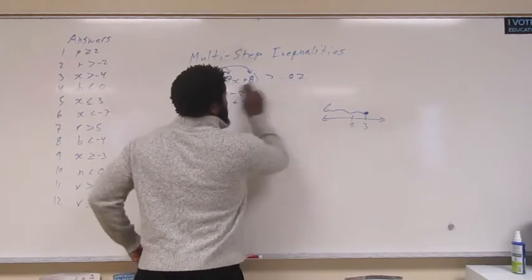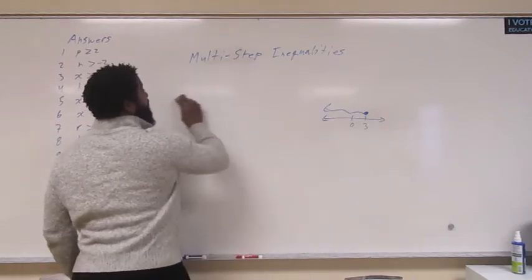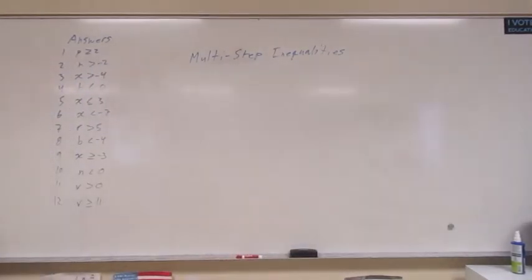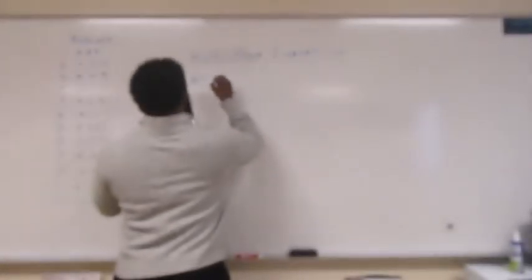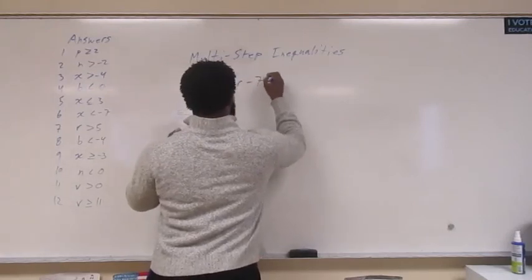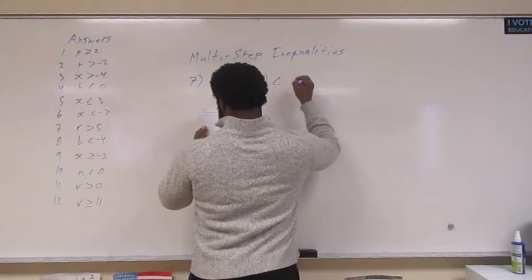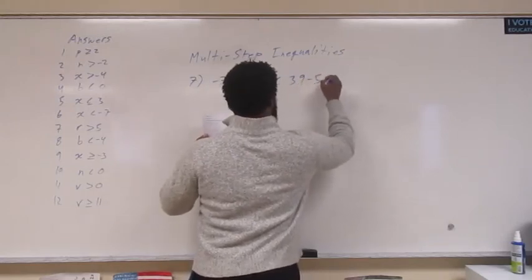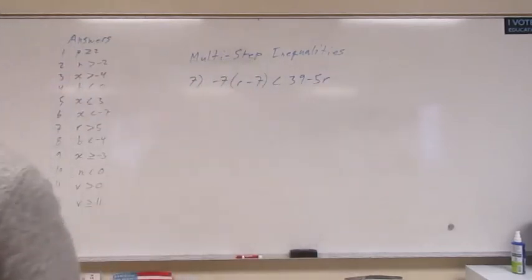Number 7: negative 7 times the quantity r minus 7 is less than 39 minus 5r. I only have 4 minutes left, so I gotta hurry up.